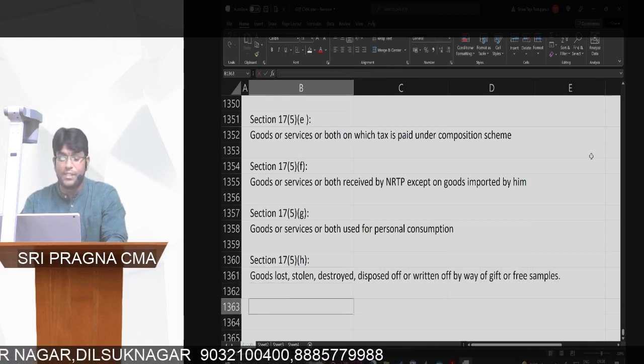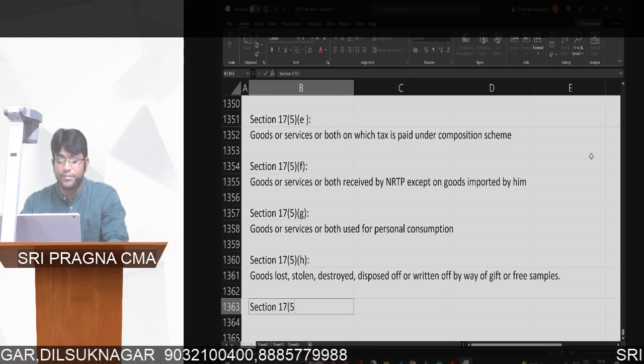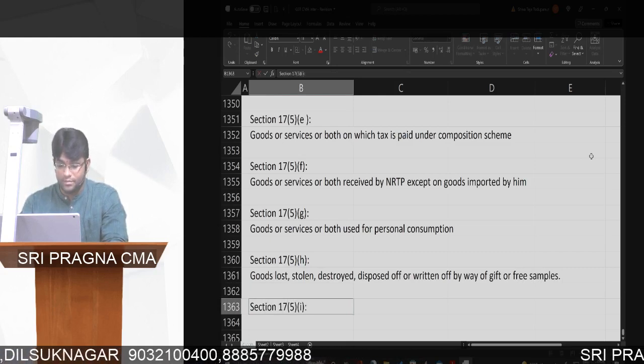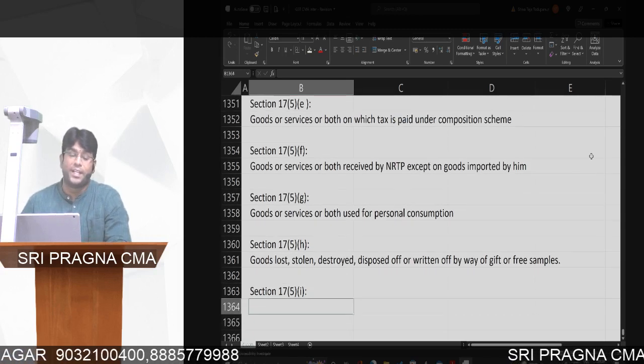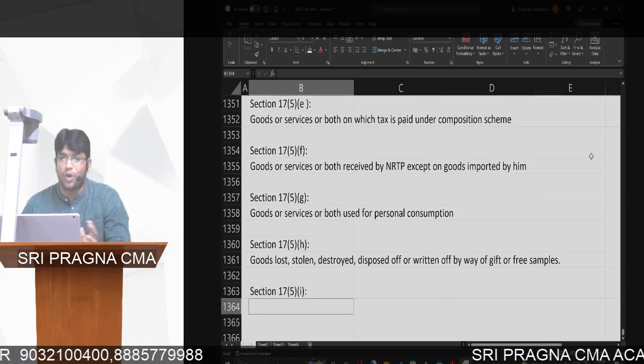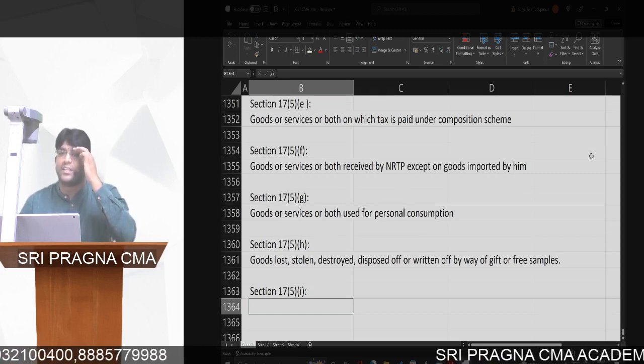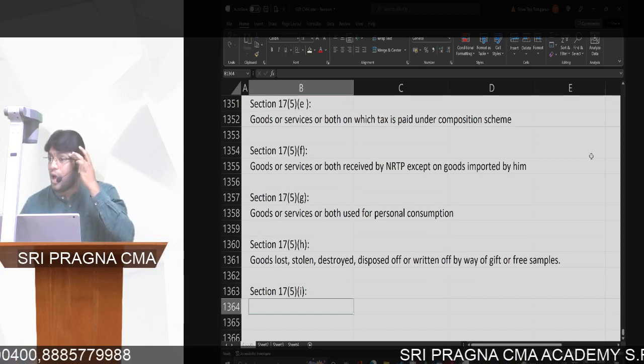Lost means gone missing. Stolen means somebody has shown their talent. Classic example of free samples is in pharmaceutical companies. And let me tell you practically, in our office also, whenever we buy some items to give as gifts to staff or clients, we never take credit on it because the credit is blocked.